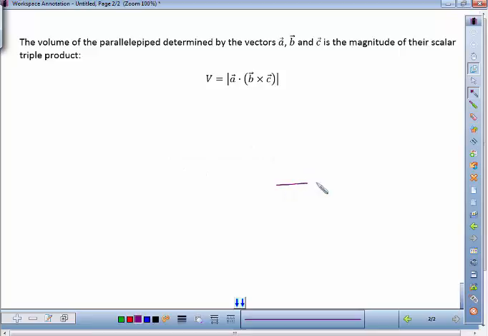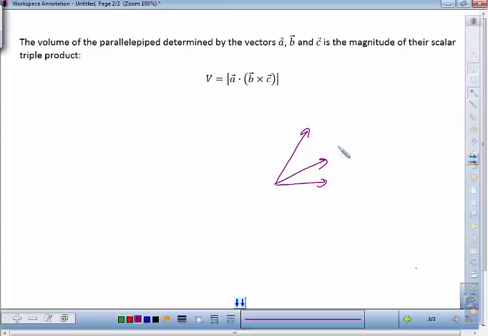And so imagine 3 vectors in space that are not collinear, which means they're not parallel. If 2 of them are parallel, then you basically have a parallelogram which has no volume. So if 2 of them are parallel, you'll see that you're going to get this thing to equal 0. And if all 3 of them are parallel, then yeah, it's the same deal.